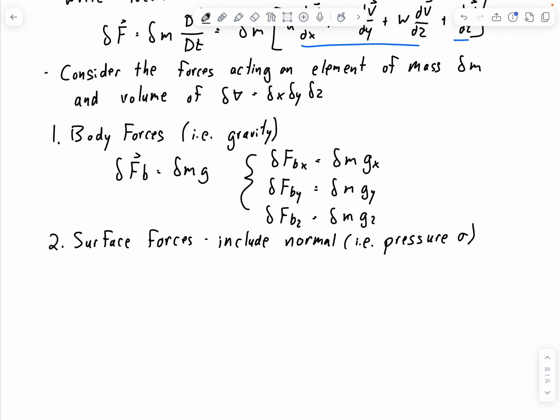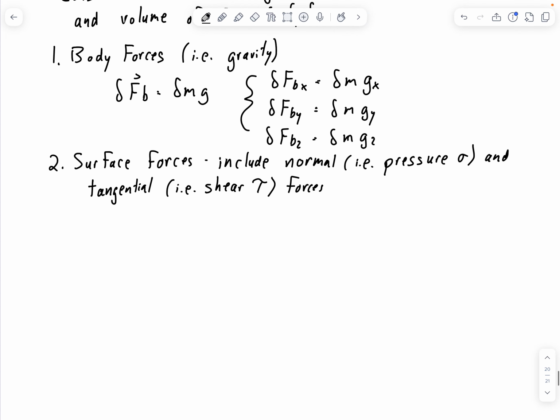So we'll have pressure stresses, sigma, and then we'll also have tangential stresses, which will be forces when multiplied by the area, and those are shear. Those will be indicated by tau. We're going to draw some examples of what these forces look like here.